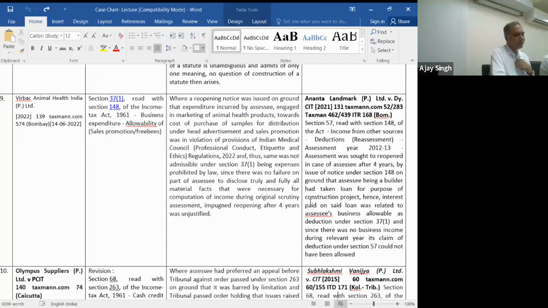After this issue had come up, the case of this assessee was reopened, and the case of the department was that these freebies have been provided and it is contrary to the provisions of section 37, and therefore this has to be disallowed.